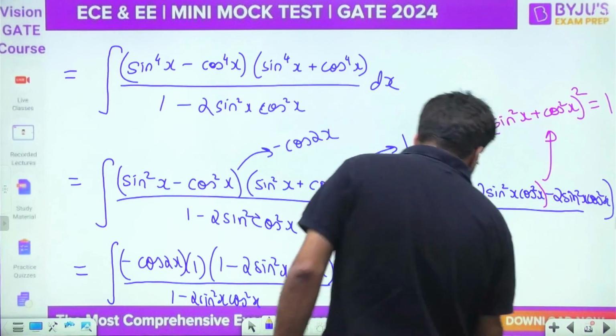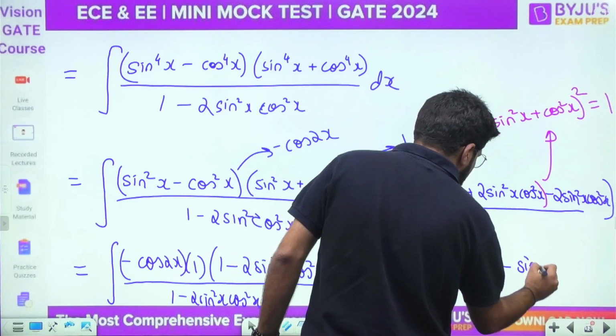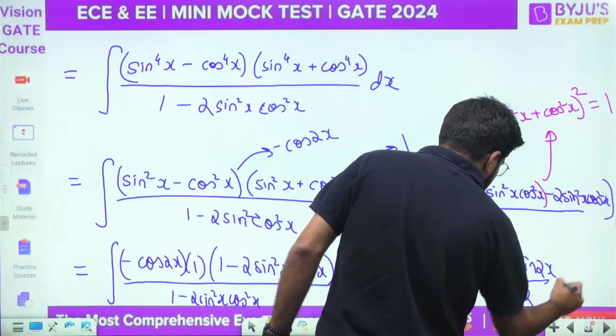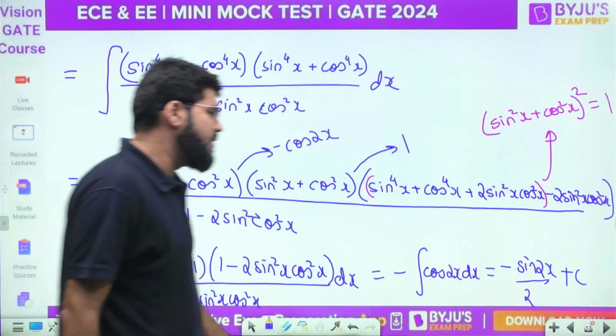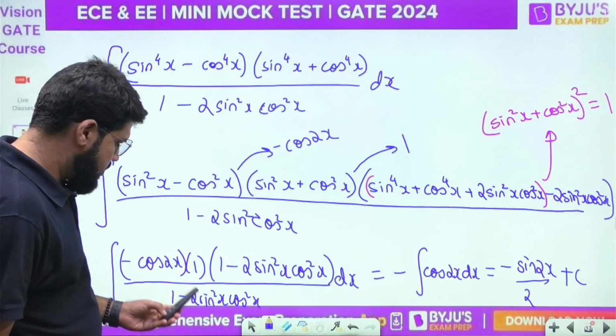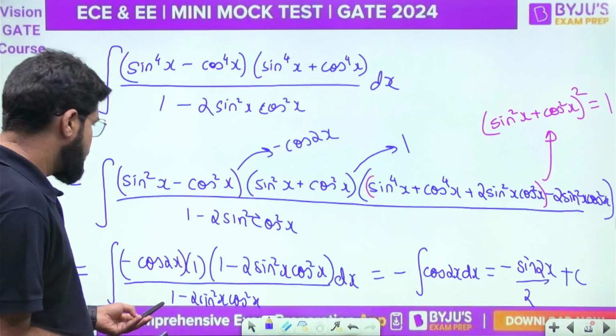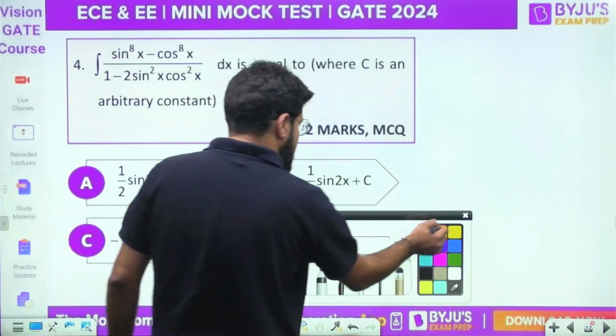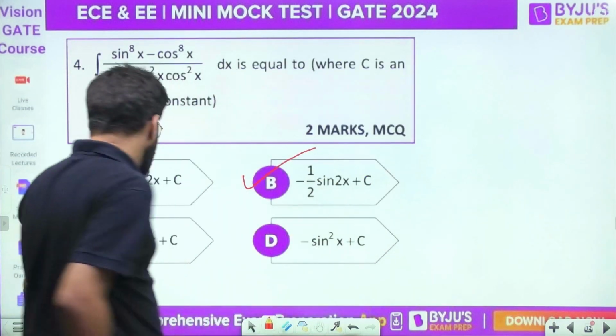What is the integral of cos 2x? Sine 2x by 2. So sine 2x by 2 plus, since it is an indefinite integral, the constant of integration. So minus of 1 by 2 sine 2x. Just a second, what happened to this? This is it. Minus of 1 by 2 sine 2x, B should be the correct answer.